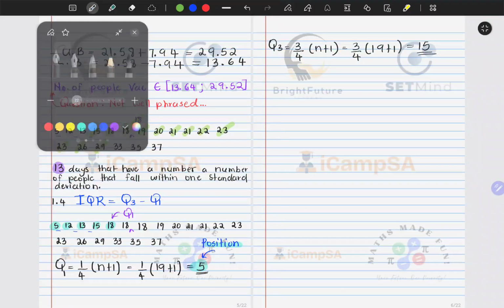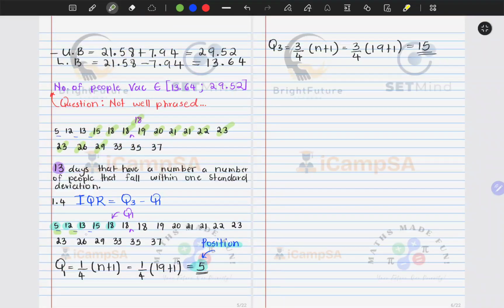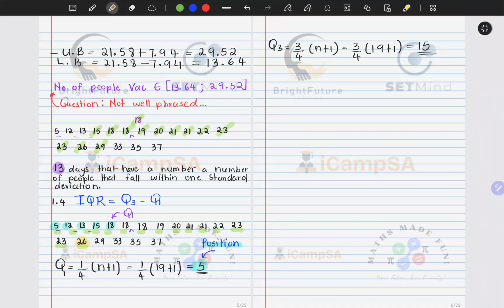What does this mean? It means we need to go to position number 15. So we have 1, 2, 3, 4, 5, 6, 7, 8, 9, 10, 11, 12, 13, 14, 15, and what we're getting is 26. 26 is position number 15.